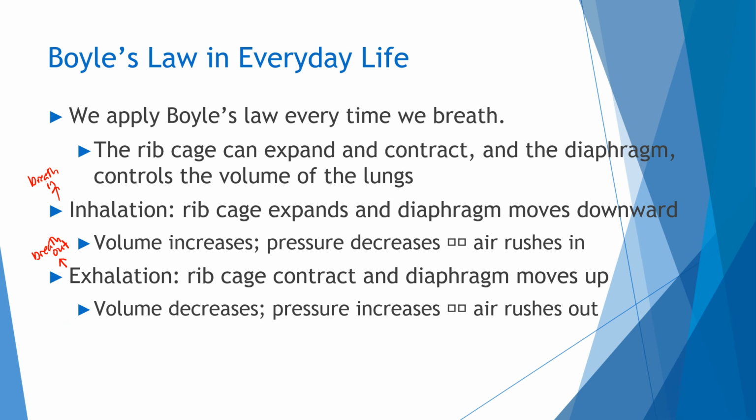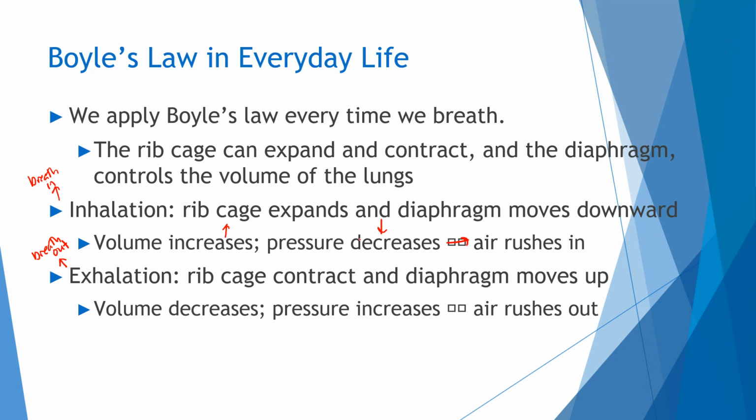Well, when you breathe in, your rib cage expands, and when it does this, the diaphragm moves downward. Because of this, the volume within your chest cavity increases. This is going to cause your pressure to decrease, and this change results in air rushing in.